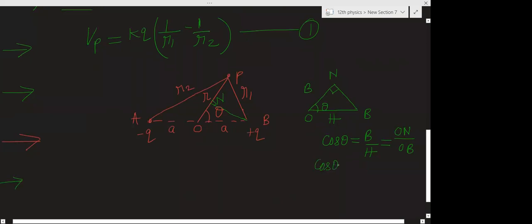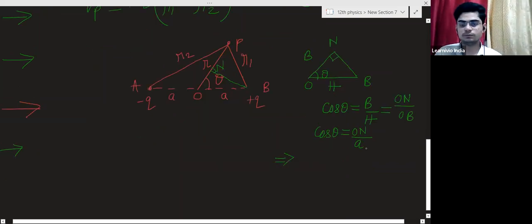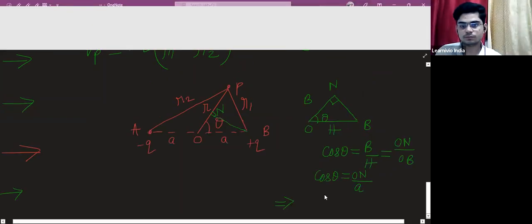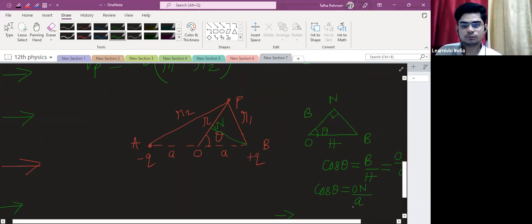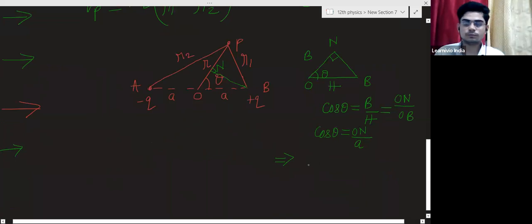So ON, and OB is A. From here we can calculate ON. ON is equal to A cos theta.